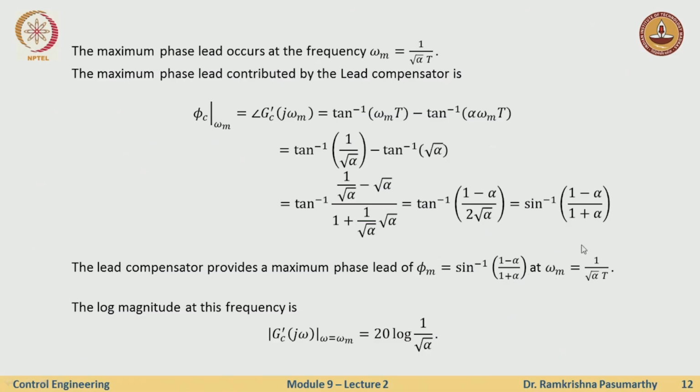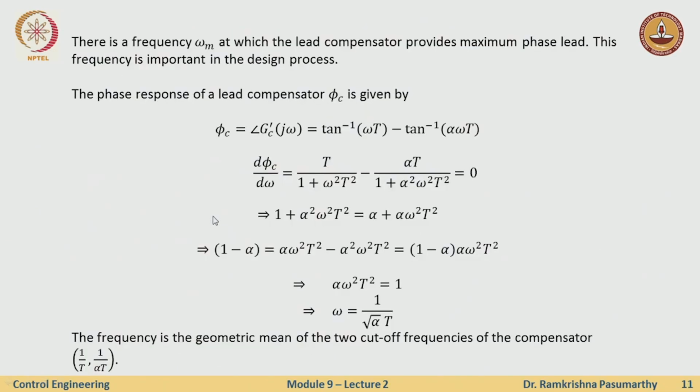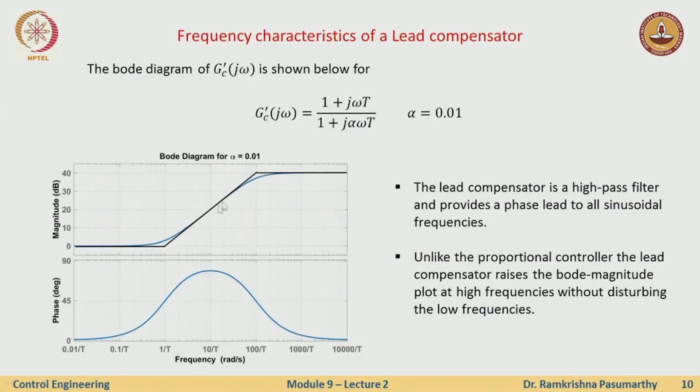Now, what is happening to the magnitude at this frequency? Somewhere here, and this magnitude at omega equal to omega m is 20 log 1 over square root of alpha. This can also be computed pretty easily. I don't really need to derive expressions, since we already know via Bode plots how we do this.